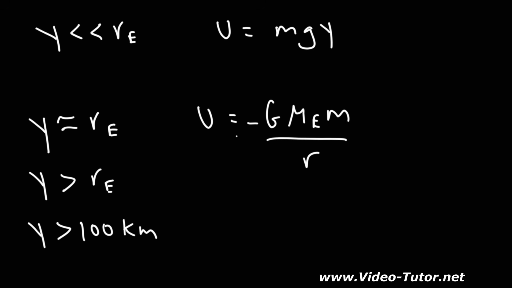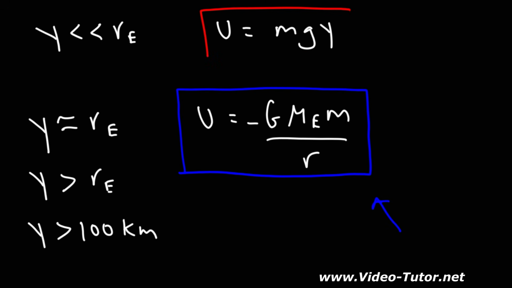And there should be a negative sign here. So the answer that I had before was the absolute value of the gravitational potential energy. So that's how you can calculate the gravitational potential energy for objects that are very far from the surface of the Earth. For objects that are close to it, you could use this formula.